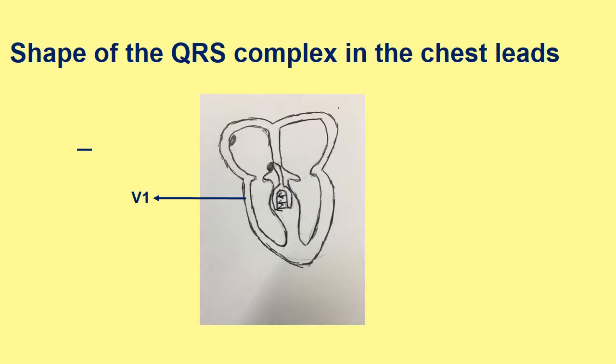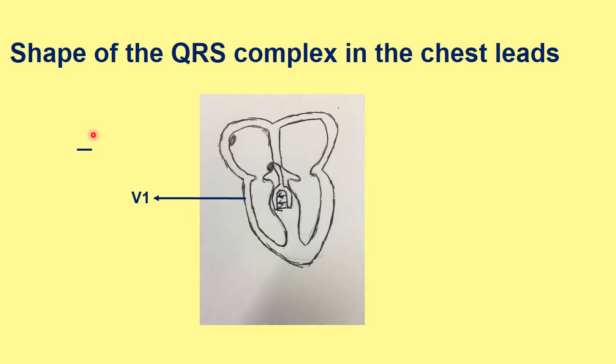The wave of depolarization comes from the bundle of His and then to the bundle branches, and the septum is depolarized first. The septal wave is actually very small, as you can see from this arrow. But V1 will still pick it up, as a small positive deflection. Whenever the wave of depolarization is moving towards an electrode, there will be a positive deflection.